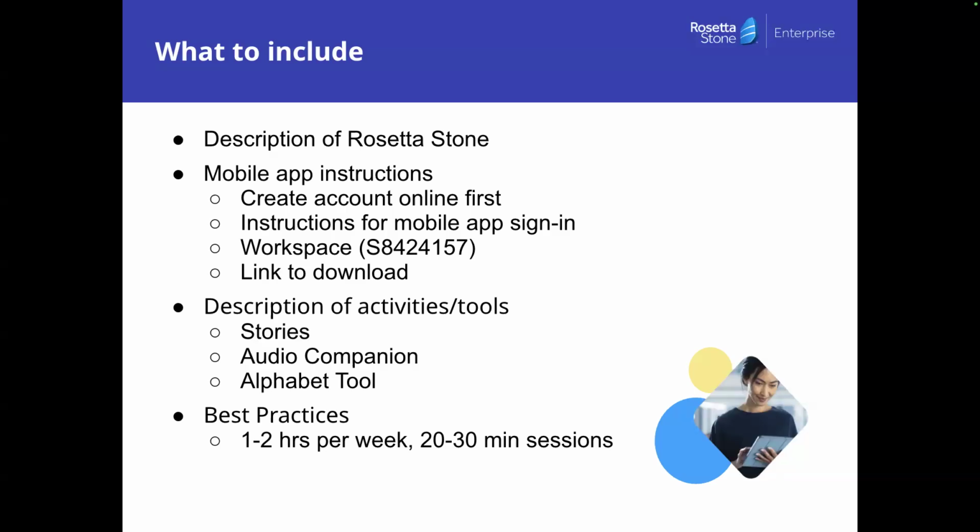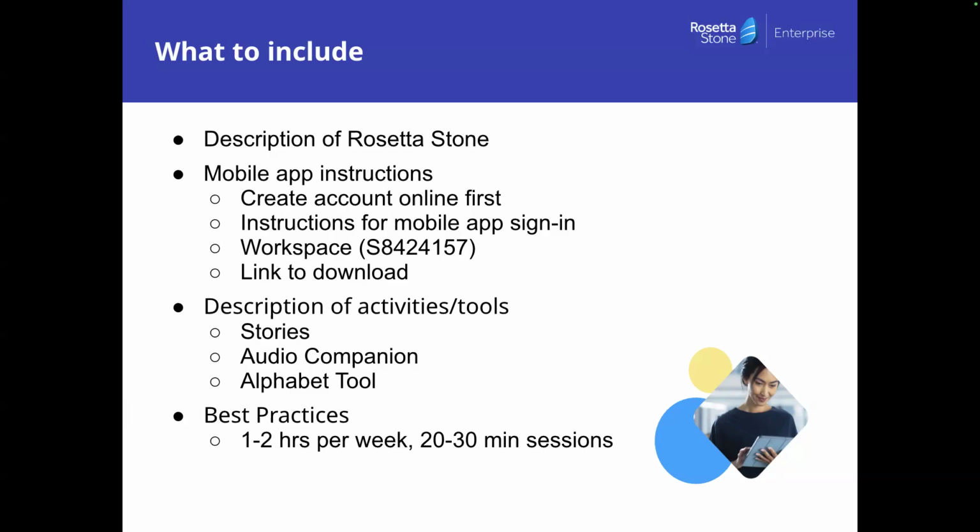And then just some basic instructions for signing in, like entering their username, their password, and that workspace number. On some library websites, they might even include a link to download the mobile app. So you could have that link right there so that they can click on it to download Rosetta Stone's app, or just information about the name of the app, what it looks like.